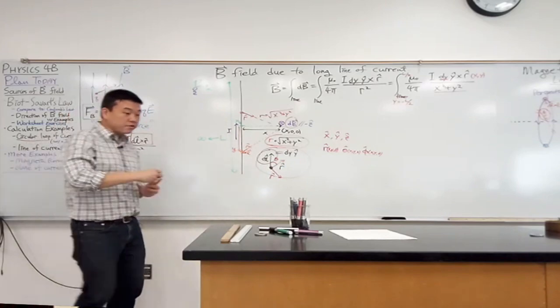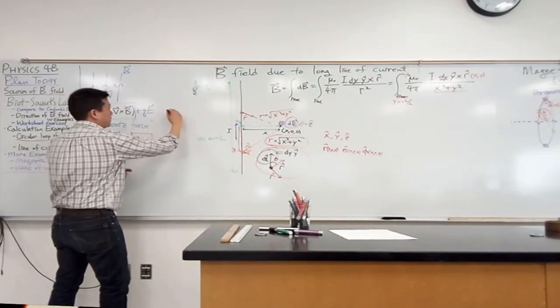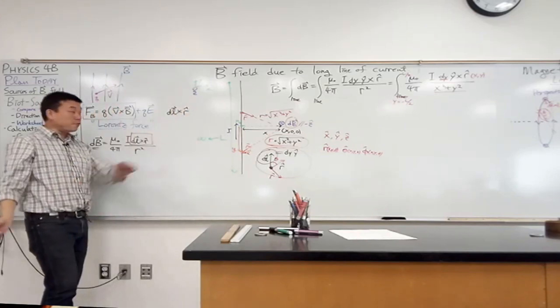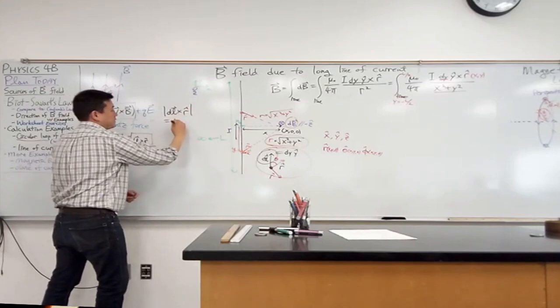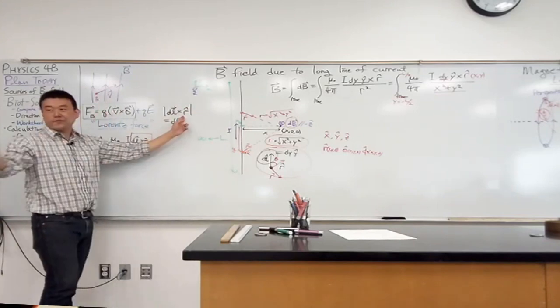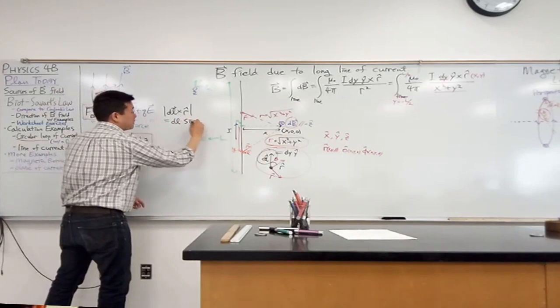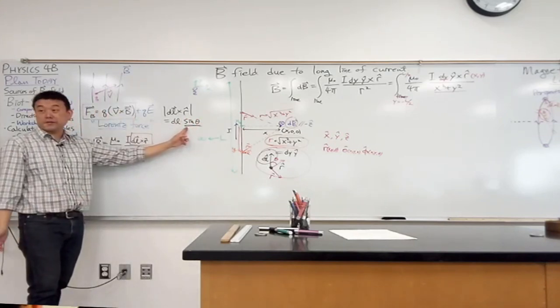So when you write out dl cross r hat, remember the full expression for the magnitude of this is dl times, well, r hat is a unit vector, so no length there, times sine theta. So there's something that looks like a component again.